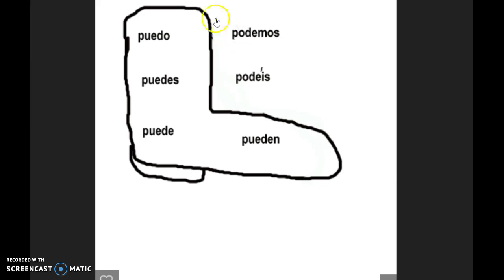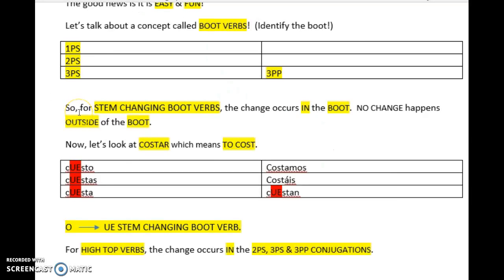So in the case of this verb poder, meaning to be able to, you can see the UE inside the boot. So the O changed to a UE inside the boot, but nothing happened on the outside of the boot. So once again, what that means is for stem-changing boot verbs, the change will occur in the boot, and no change happens outside of the boot. If we take a look at the verb costar, which means to cost, we can see that it's cuesto, cuestas, cuesta, costamos, costáis, and cuestan.